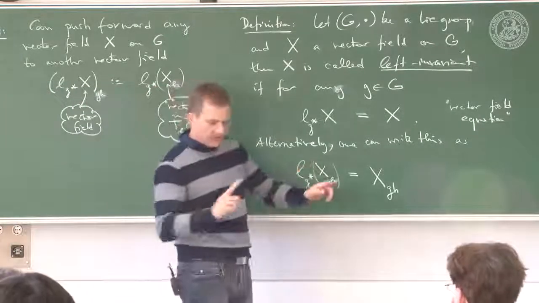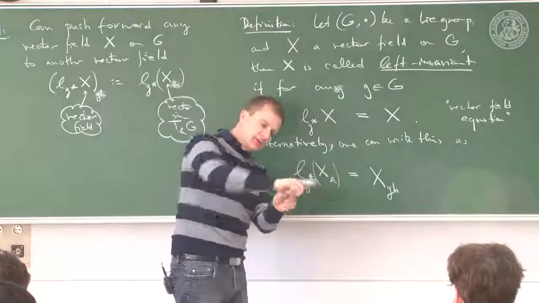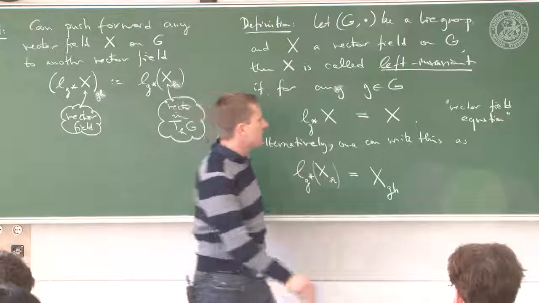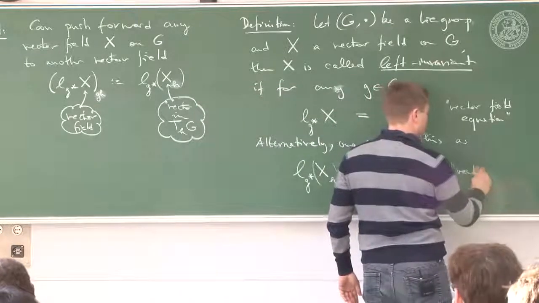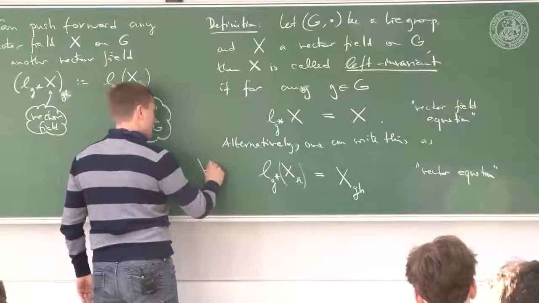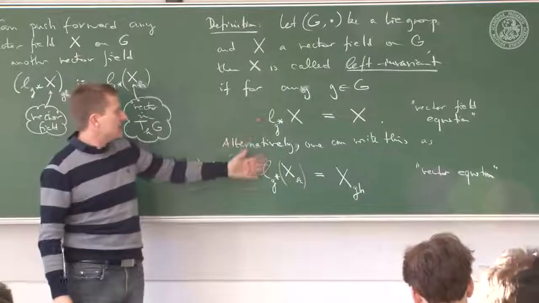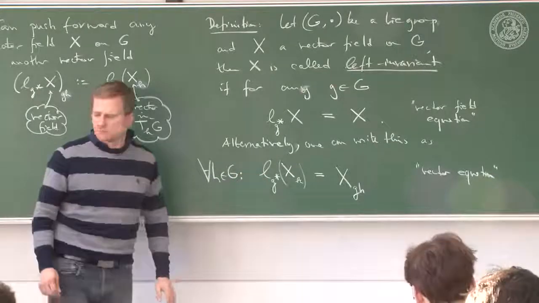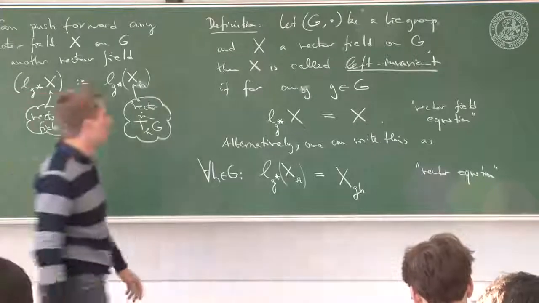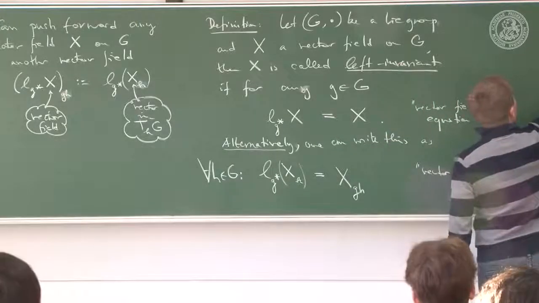Pushing forward the vector from h to this point gh, the result should coincide with the vector field that's already given there. Well, that's the same as here, but now it's a vector equation. Now, how can that be? Well, because now you've got to say for every h in G, this is true. It's just the same as here, but written pointwise. Okay? So that's one reformulation. That's very useful. And there's yet another reformulation.